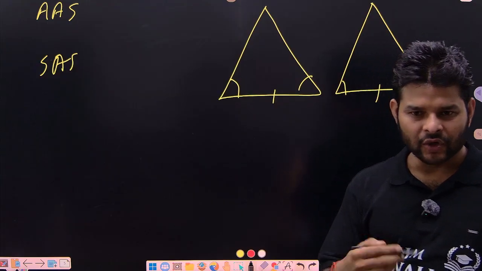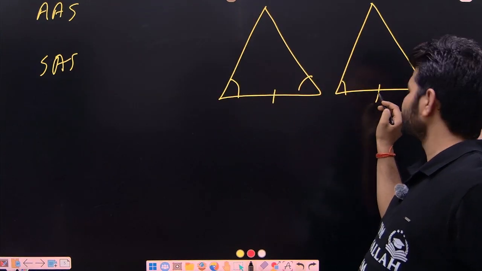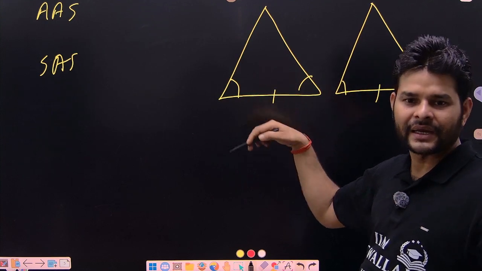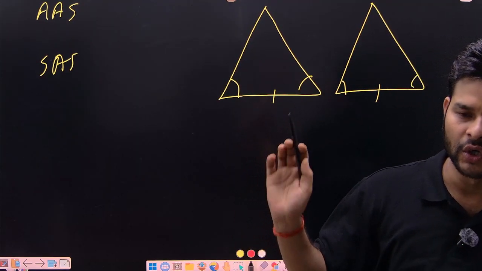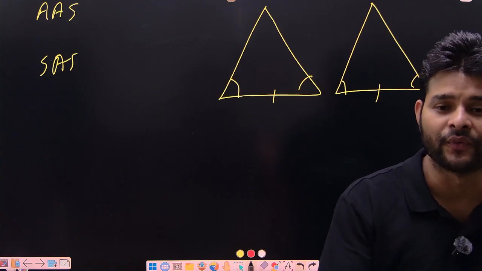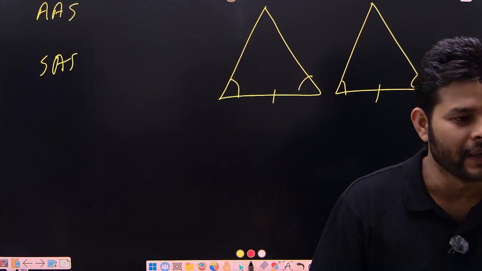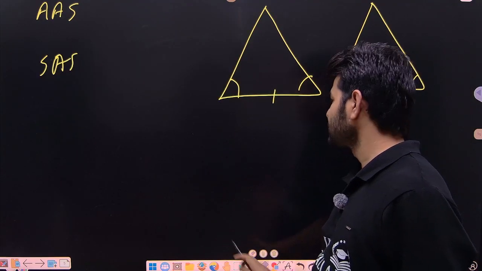If you are able to prove that these two angles and this side of this triangle and this triangle are equal, then it is proven that both the triangles are congruent. If you are able to prove it anyhow, only then you can say. So that is called ASA.